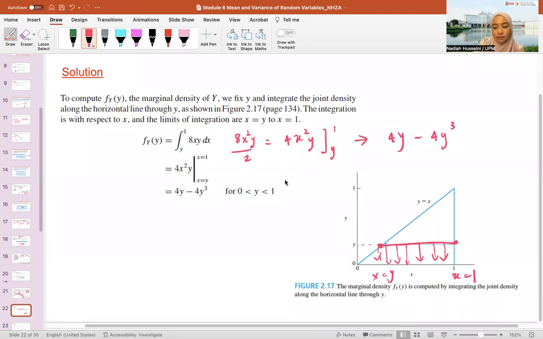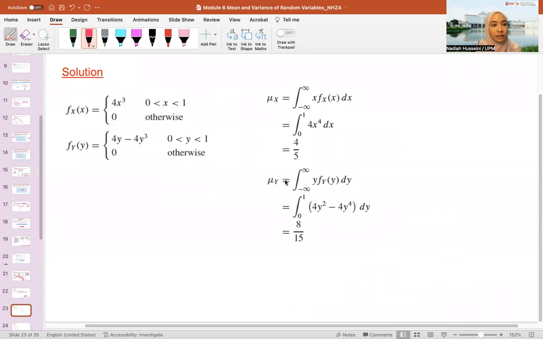Not done yet. We just calculated the marginal. We have not calculated the mean yet. From here, we can now calculate the mean, which is just the regular equation that we used earlier, which is x fx. We can use this equation because now we only have one random variable for our marginal density function, right?